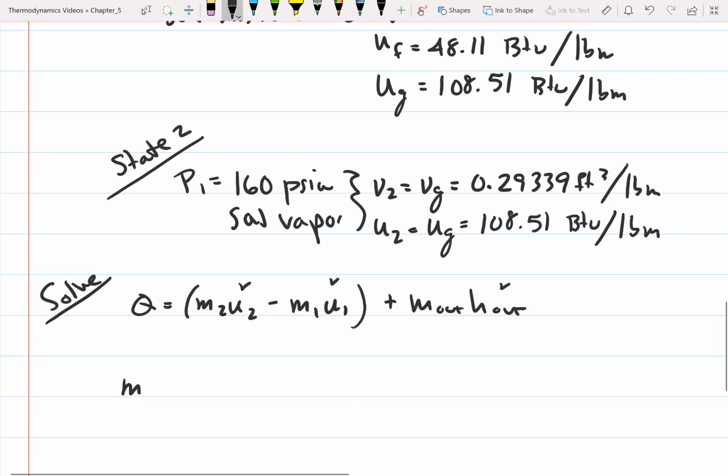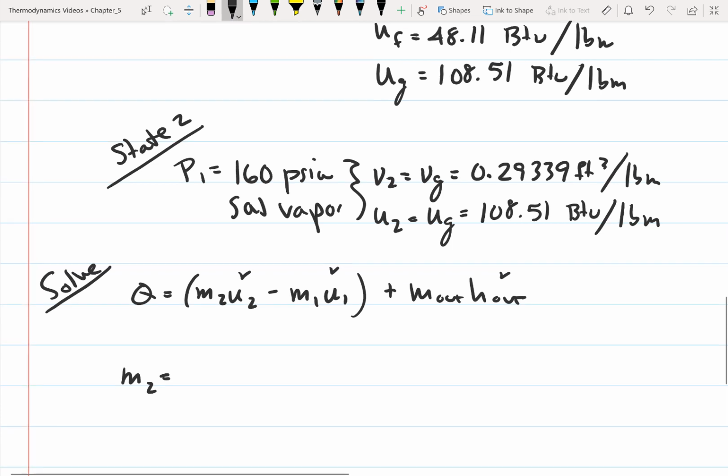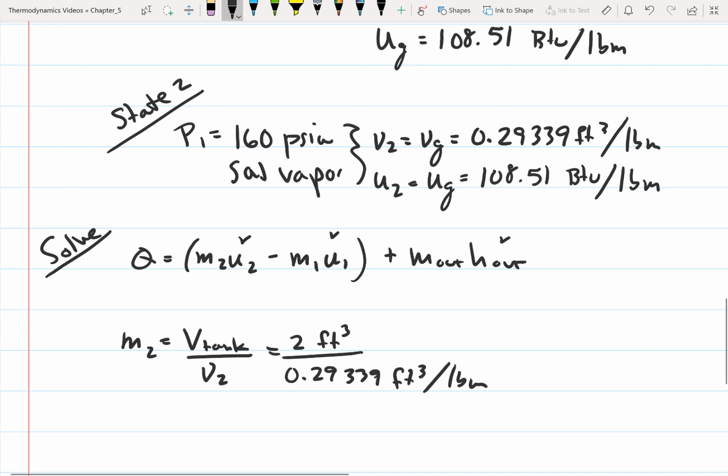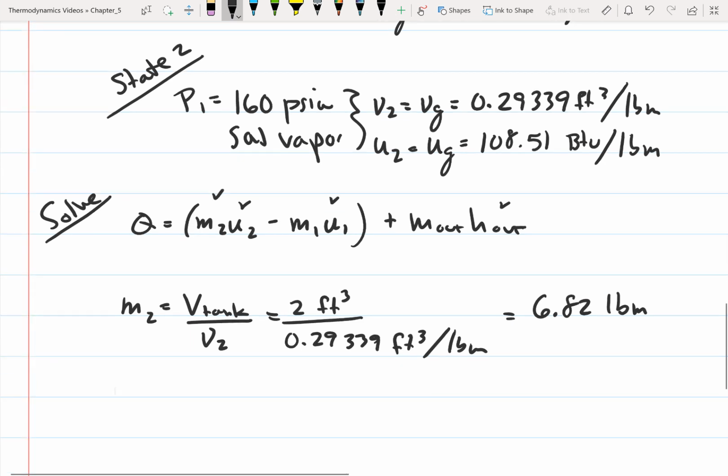Let's start with mass 2. This is equal to the volume of the tank over the specific volume at state 2, because we just have a saturated vapor taking up the entire tank. So this is 2 feet cubed over 0.29339 feet cubed per pound mass, which is equal to 6.82 pound mass. So we have M2.